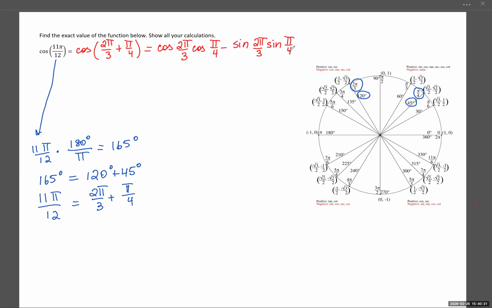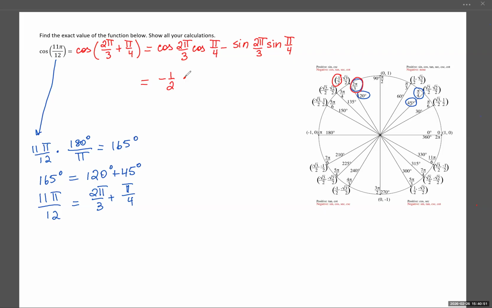Now you can use the unit circle to complete the rest of the problem. So instead of cosine of 2 pi over 3, we would go to the 2 pi over 3 on the unit circle. Cosine is the x value, so negative 1/2 is what goes in for cosine of 2 pi over 3.